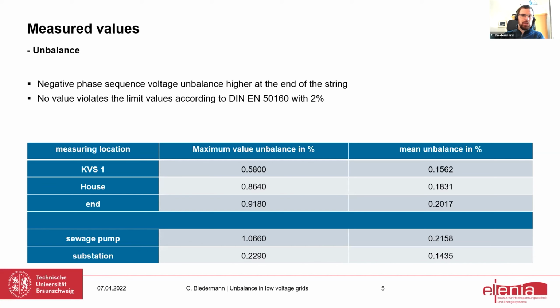What we measured is below 2%, so we could all be very happy that we have no disturbance. We see here about 1% at the waste pump I already showed. We had the highest amount there. You maybe know that the highest amount also refers to the impedance.